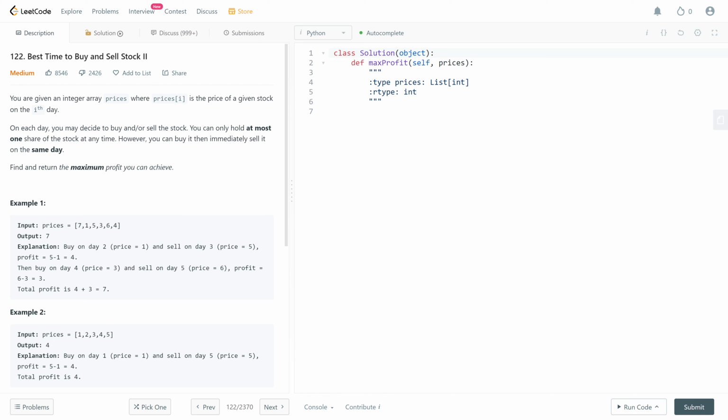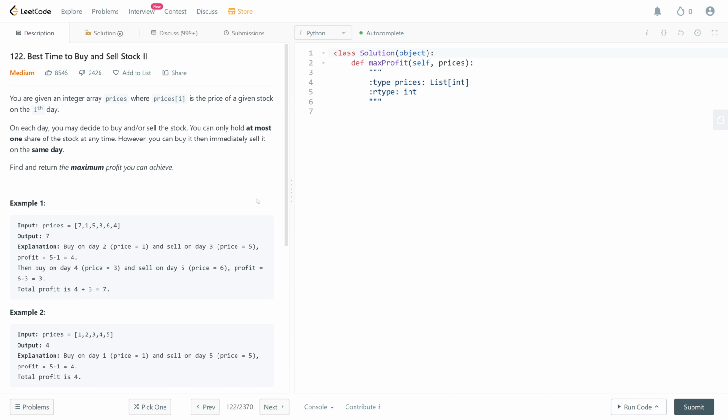So you make $4, and then buy immediately after on day 4, which is $3, and then sell on day 5, which is $6. You make another $3. So your total profit is 4 plus 3 equals 7. That makes sense. So you can make continuous buying and selling decisions.